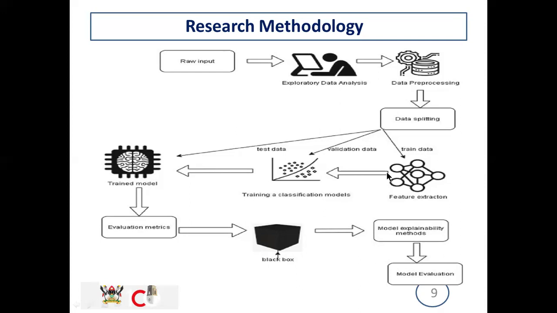Because we wanted to have an explainable AI model, we put in the concept of explainability using Grad-CAM as our explainability technique. And so we had an explainable AI model.